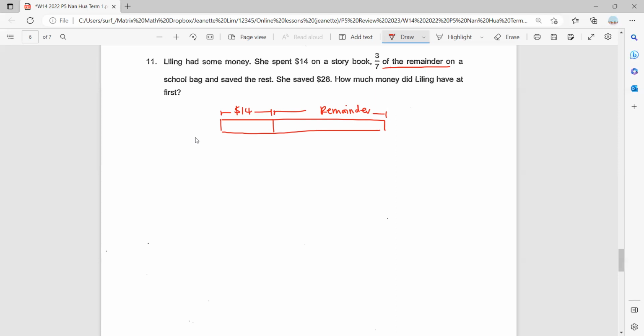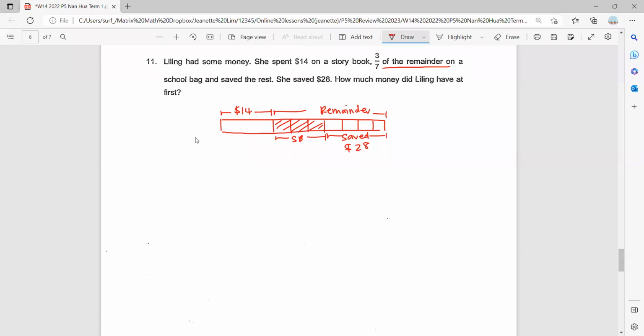So my remainder, I need to cut into 7 parts. 3/7 of it on a school bag. Okay, school bag. Then she saved the rest. So saved, which is, she saved $28.